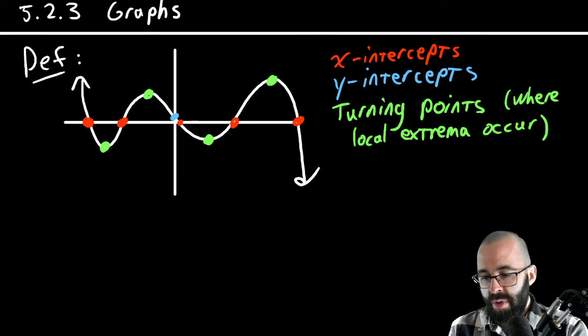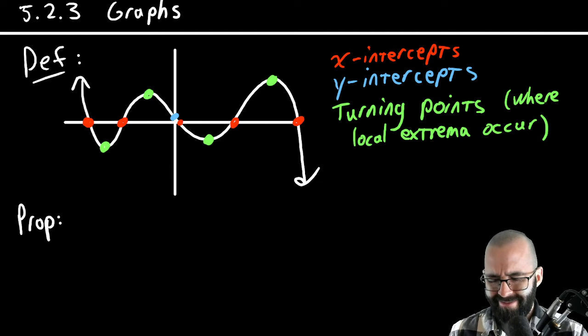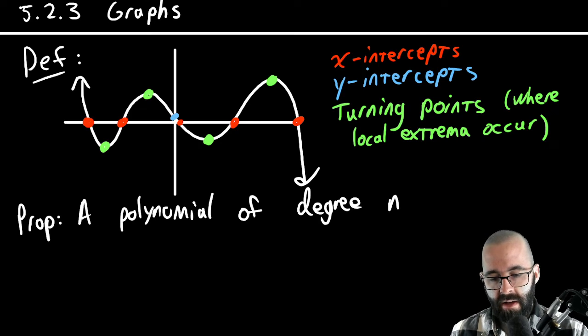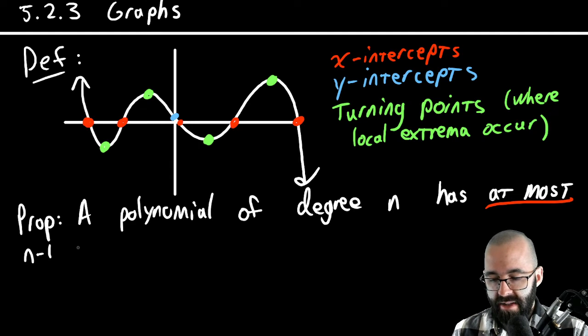So we have a property that connects turning points with the degree of a polynomial. Let's propertize that. A polynomial of degree n has at most, that's important, at most n minus 1 turning points.